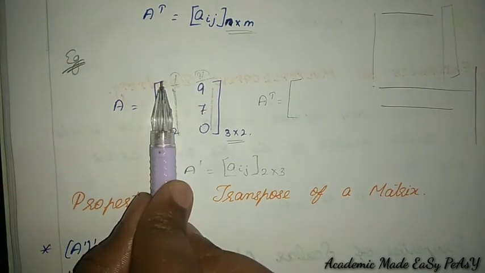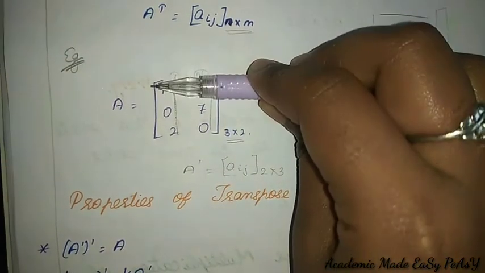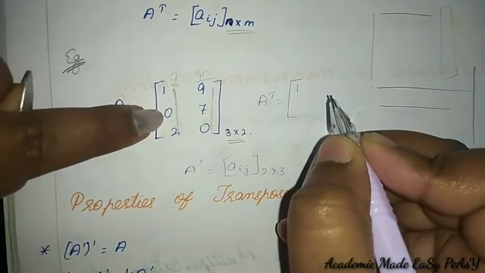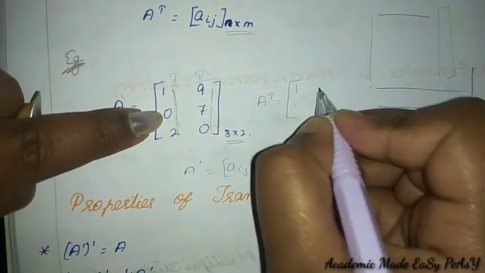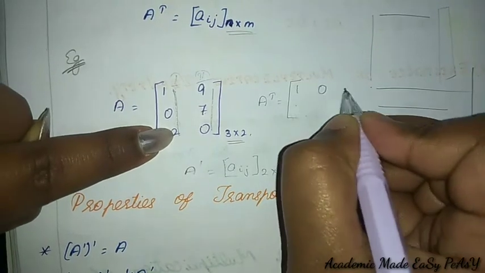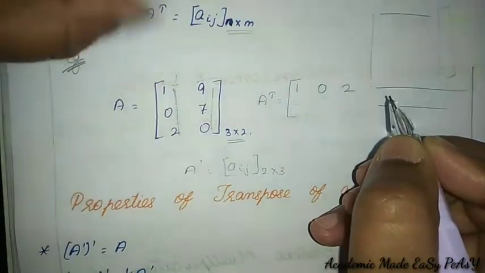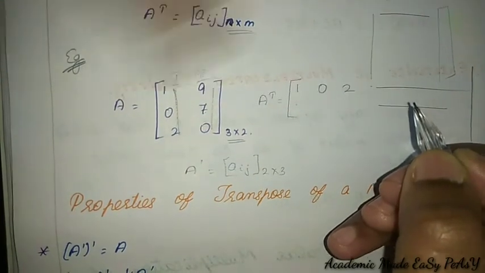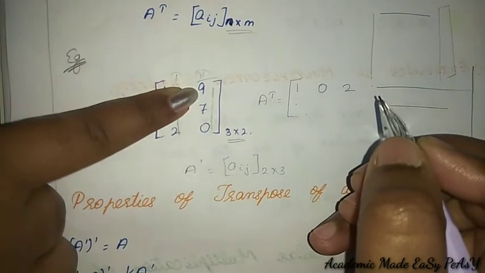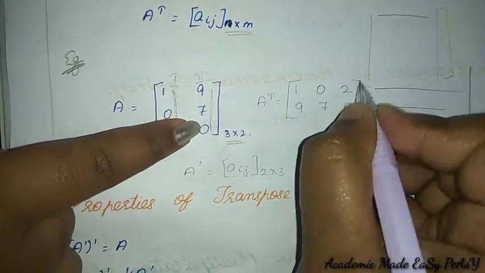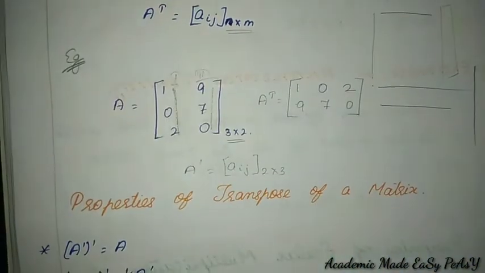So it means 1 I have as it is, then 0. Instead of writing here, I will be writing here 0, 2. So this column is changed to row. So now you will understand why I drew all these lines. So next column I will go 9, 7, 0. That's it. This is my transpose.